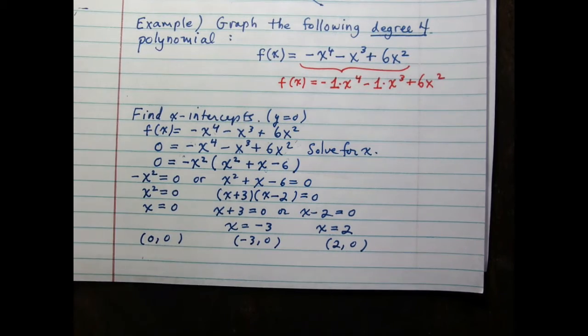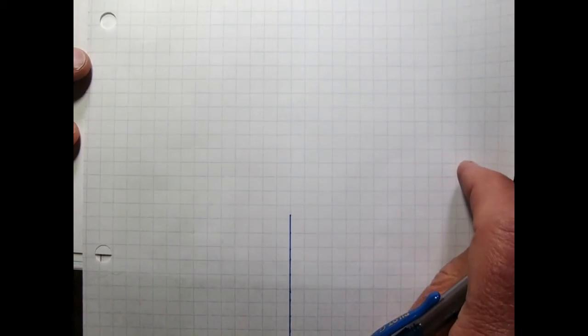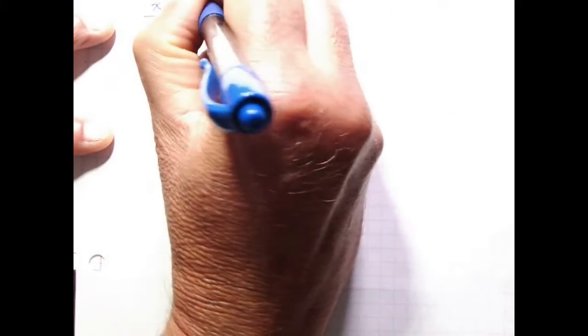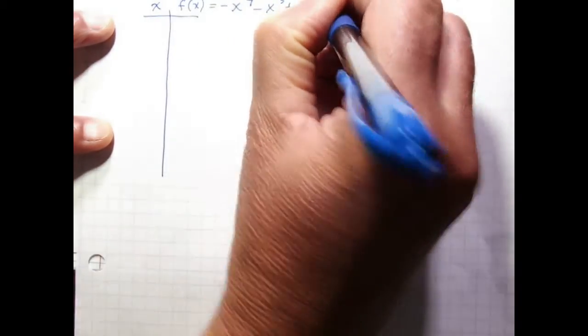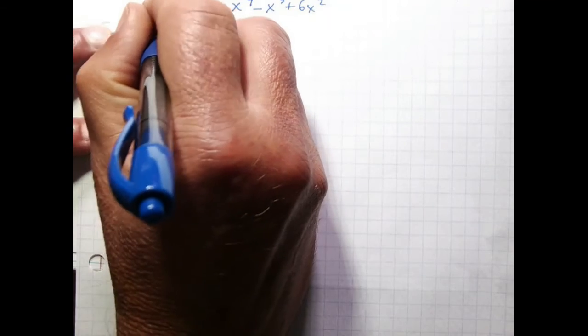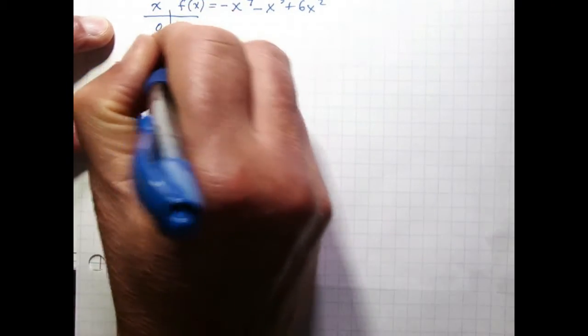So let's maybe start a running list, a table of values here. For our minus x to the fourth minus x cubed plus 6x squared function, we got our x-intercepts. So we got (0, 0), (negative 3, 0), (2, 0).